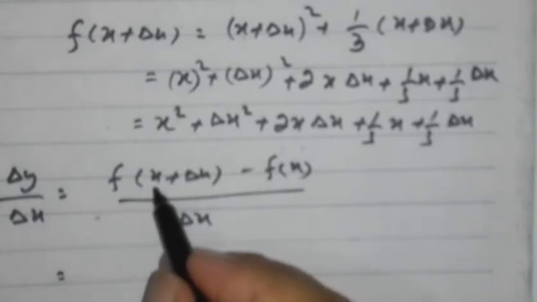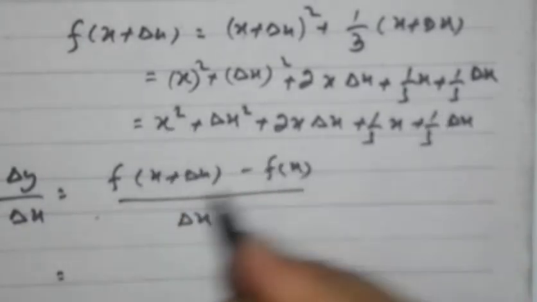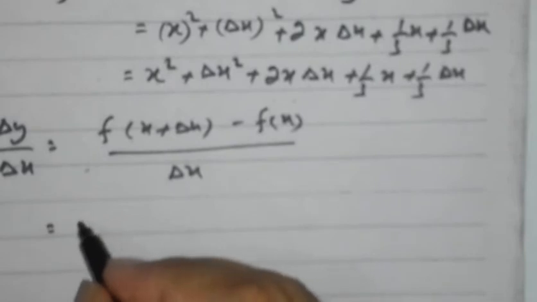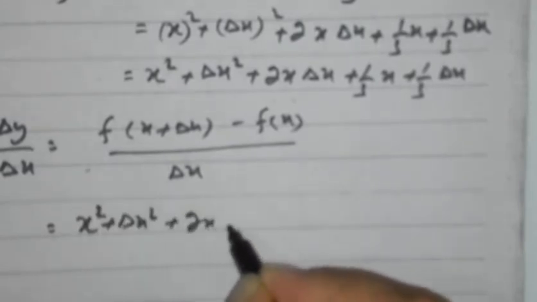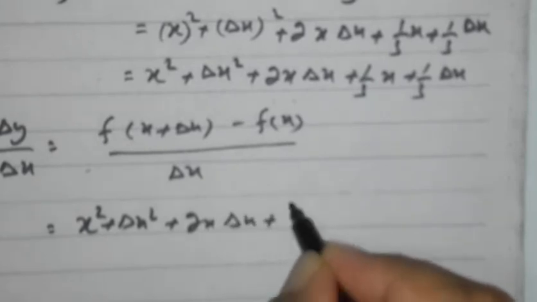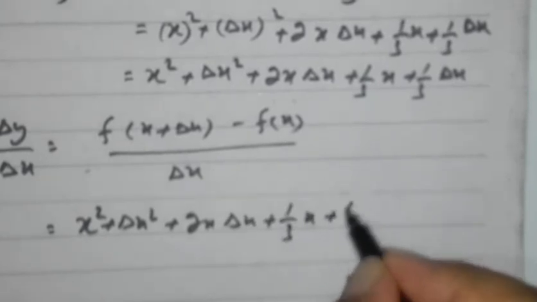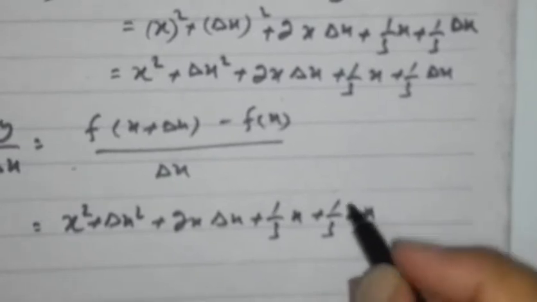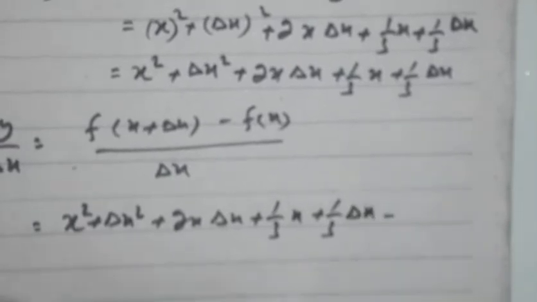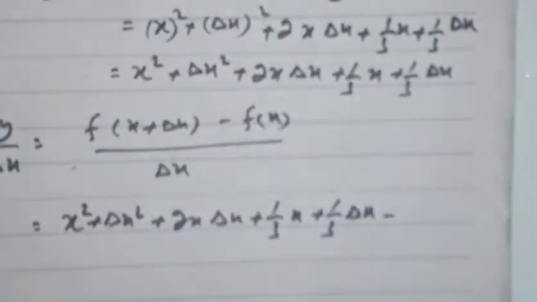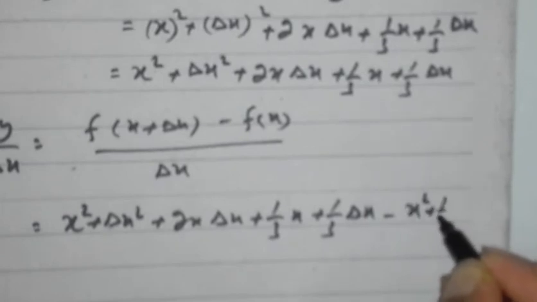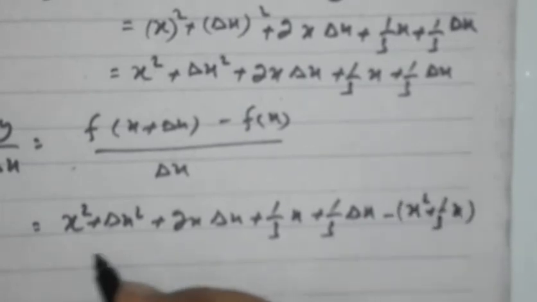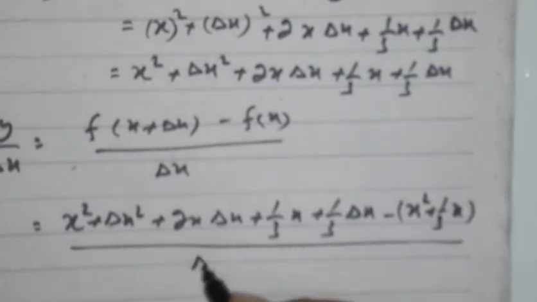Put the value of f of x plus del x, which is this: x square plus del x square plus 2x del x plus 1 by 3x plus 1 by 3 del x, minus f of x, whose value is x square plus 1 by 3x, divided by del x.